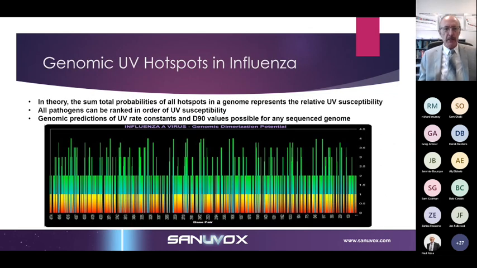These genomic hotspots exist everywhere. This is an example of all the hotspots in influenza DNA virus from the first base to about the 4,000th base. There are a great many dimers, potential dimers or potential hotspots in any genome.